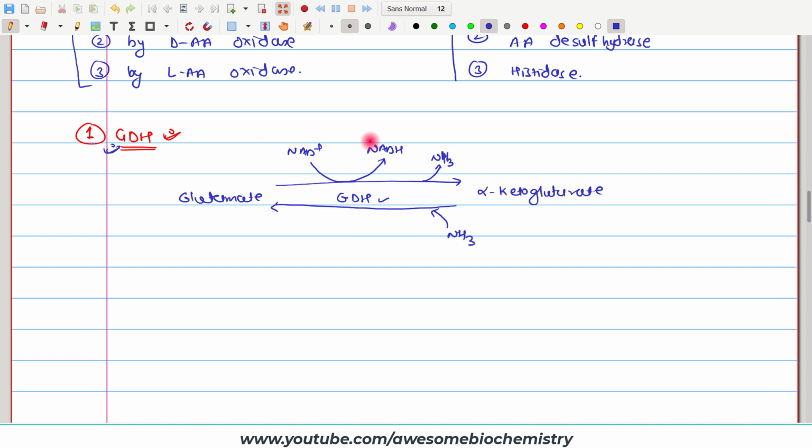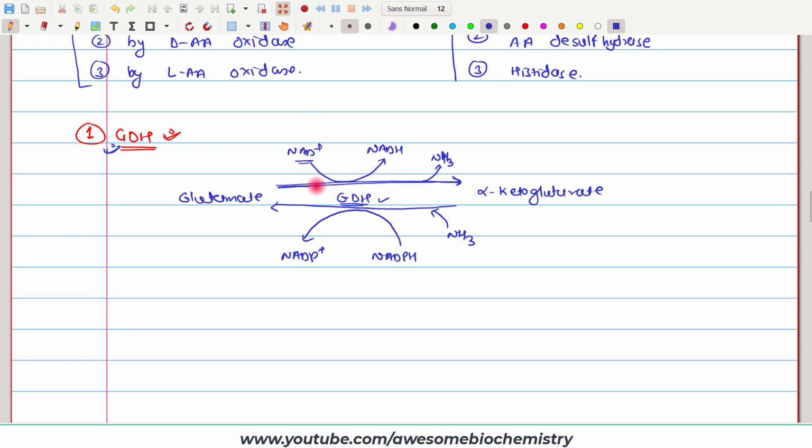But surprisingly, in this reverse direction NAD is not used; rather NADP is used. So, NADPH gets converted to NADP plus. There is no doubt that glutamate dehydrogenase catalyzes a reversible reaction.